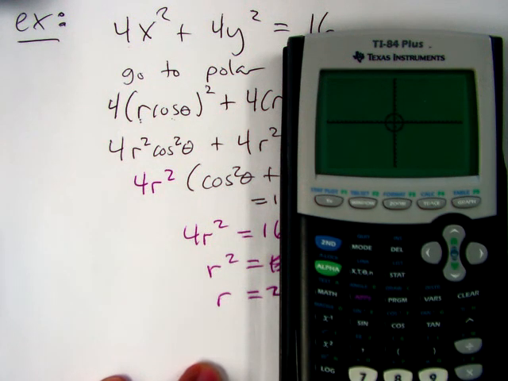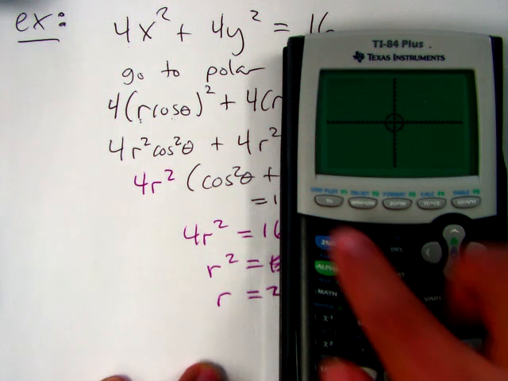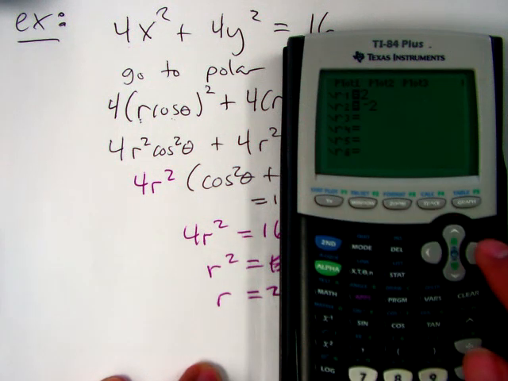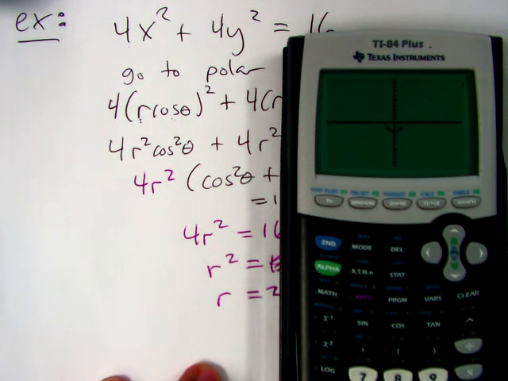It's the same shape. If you don't believe me, delete the 2. Just graphs it a little different, but it's still the same shape. Yes. Yeah, nothing appears. Do zoom 6 first. And now do zoom square.